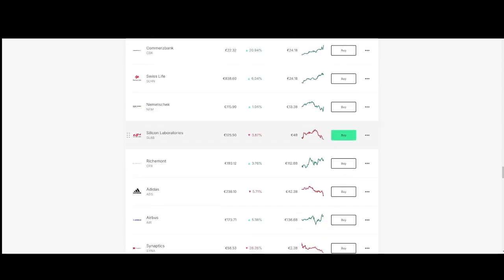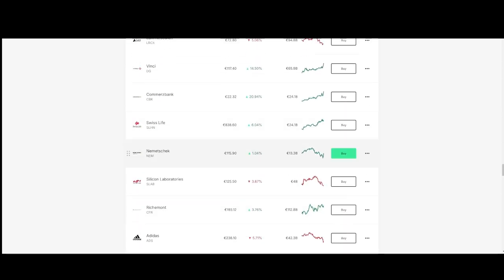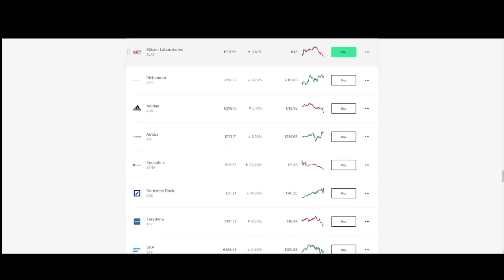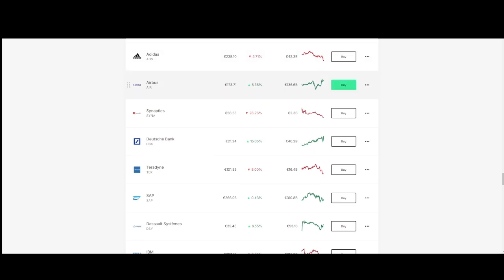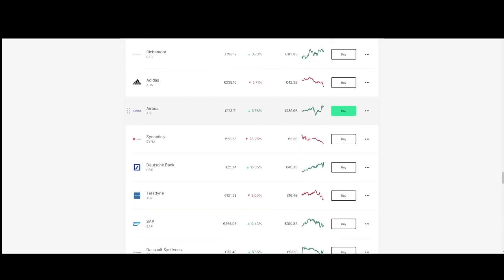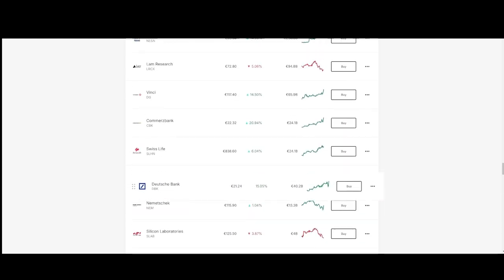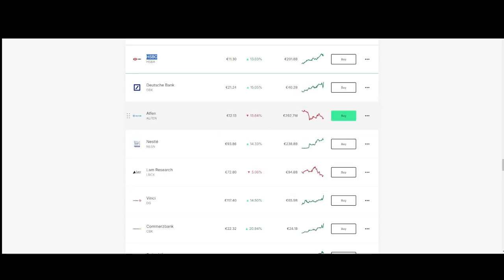Okay, let's search for other stocks. Deutsche Bank. I guess that this stock was going up since many months ago. Slowly.